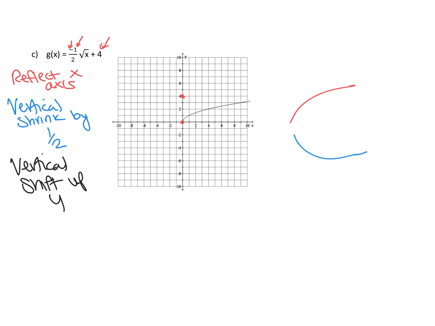And so I would do my best to plot this, but it doesn't have to be necessarily perfect because it's really difficult to show this, but it would look like that. So it wouldn't be as high. It would be shrunk. Okay. So that's what that one would look like.